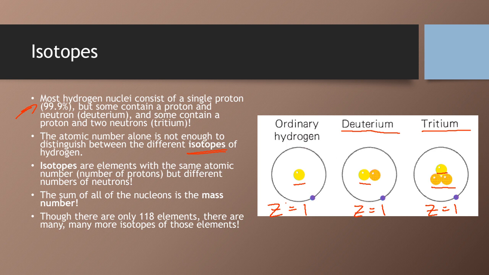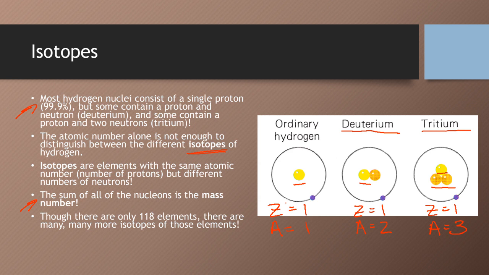The sum of all of the nucleons is called the mass number. We write the mass number with an A. And if we use the mass number, we can now distinguish between the 3 different isotopes.